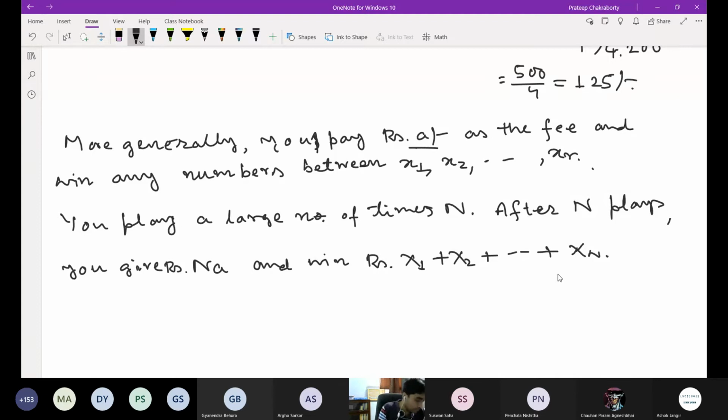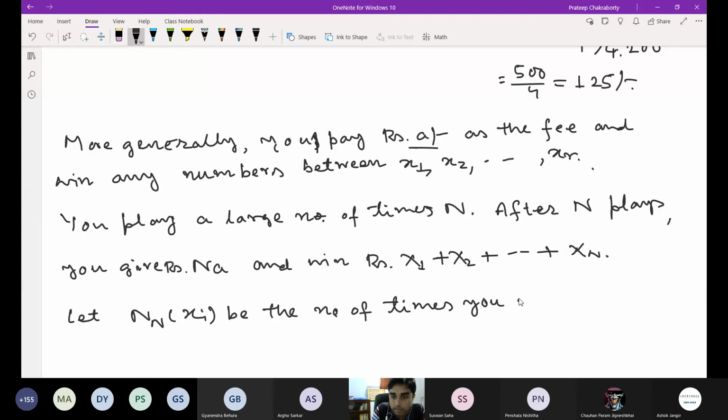Now let capital N(xi) be the number of times you win rupees small xi, because ultimately you will win one of these amounts, x1, x2, up to xn. So let N(xi) be the number of times you win rupees xi.